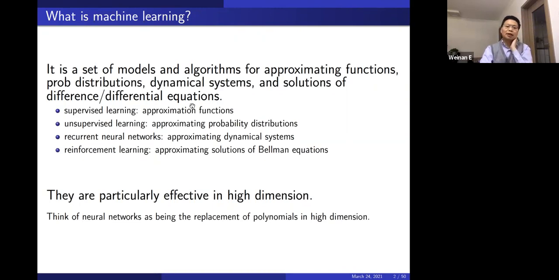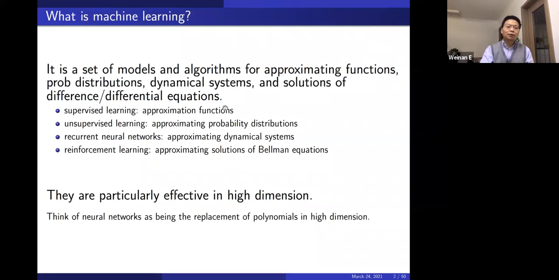Now, what distinguishes these machine learning models from traditional algorithms is that they are particularly effective in high dimensions. You can think of neural networks as the replacement of polynomials in high dimension.